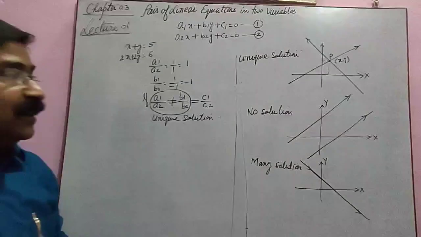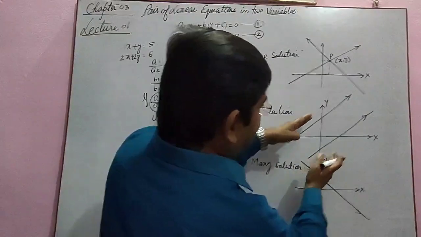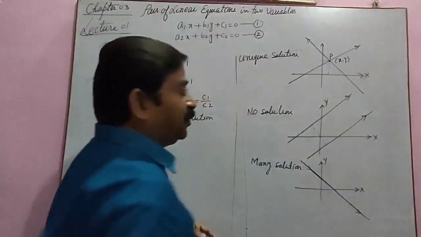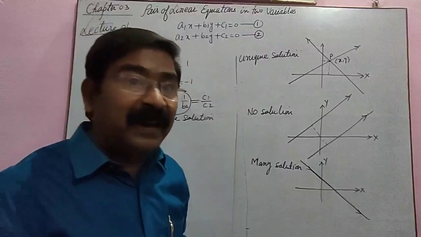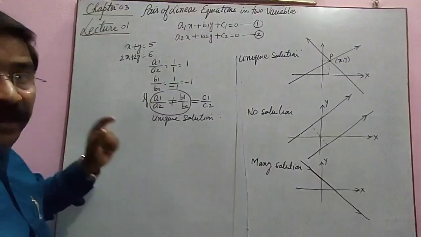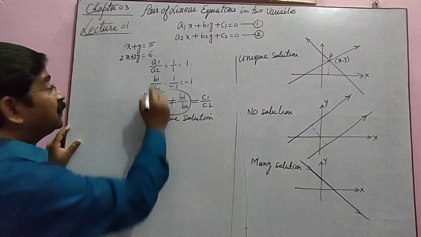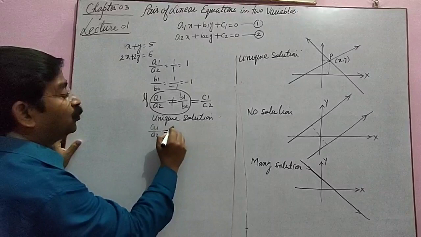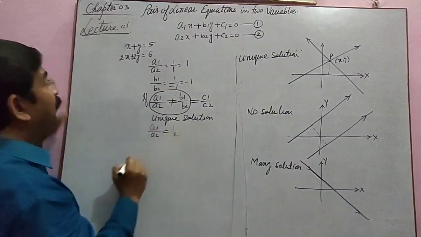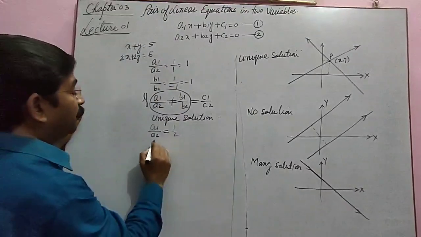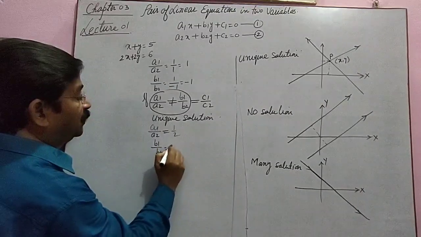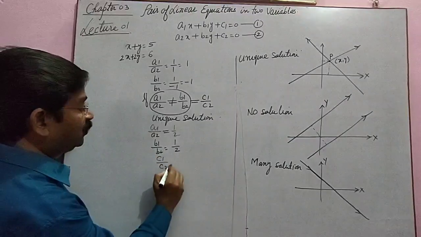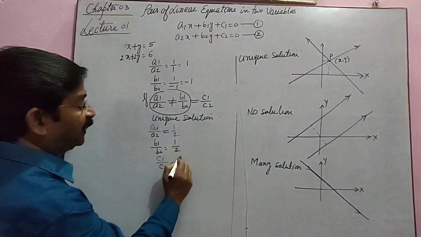So if the lines are in the same direction but at different distances from the origin, the lines are parallel. So what condition will we have? We have a1 upon a2 is equal to 1 upon 2, a1 is 1, a2 is 2. b1 upon b2 is equal to 1 upon 2, and c1 upon c2 is 5 upon 6.